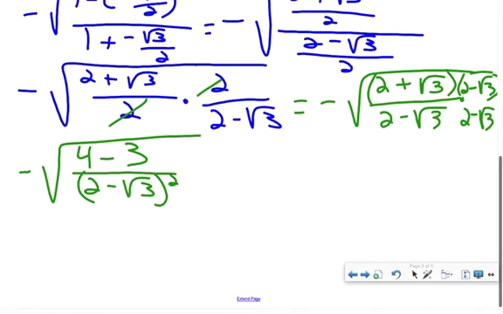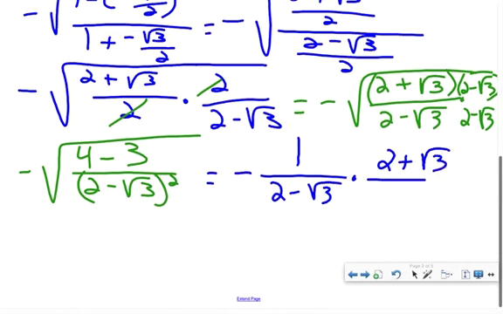Over, now I've got this 2 minus radical 3 quantity squared. Now I'm taking the square root of that. So what's the square root of 4 minus 3? Well, 4 minus 3 is 1. So I have negative 1 over 2 minus radical 3. And now that big nasty radical is gone. So all that's left for me to do is now go ahead and rationalize the denominator by multiplying top and bottom by 2 plus radical 3.